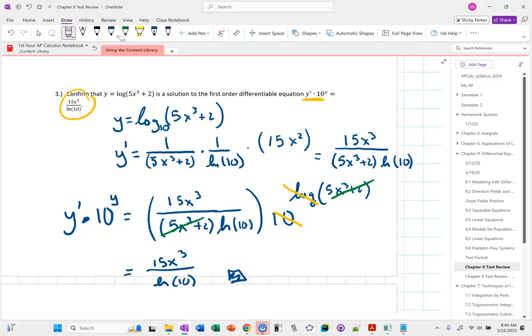Oh, that's because I copied it down wrong. It wasn't x squared there. We just copied it wrong. Sorry, guys. Thank you. Hammer me on those details. I need it.